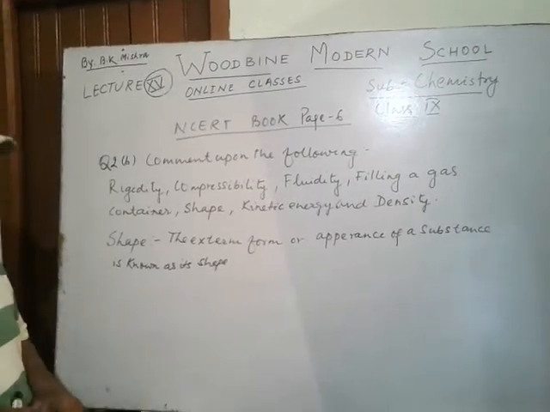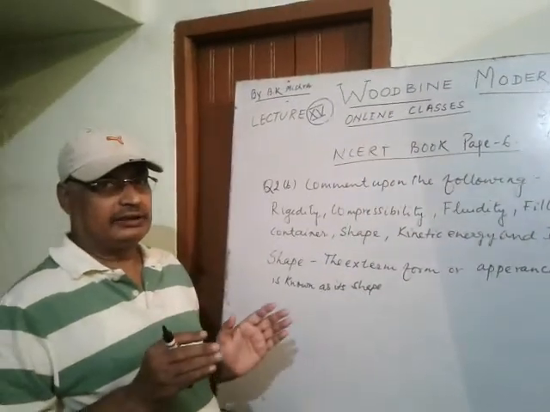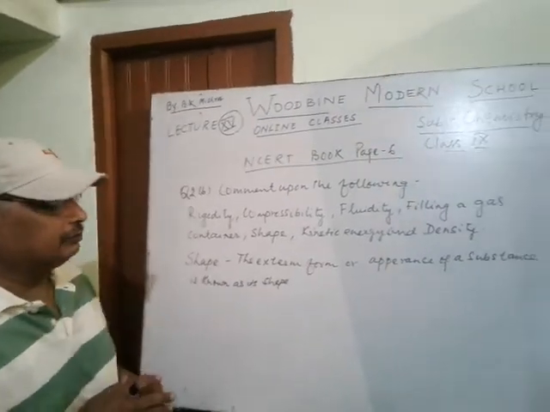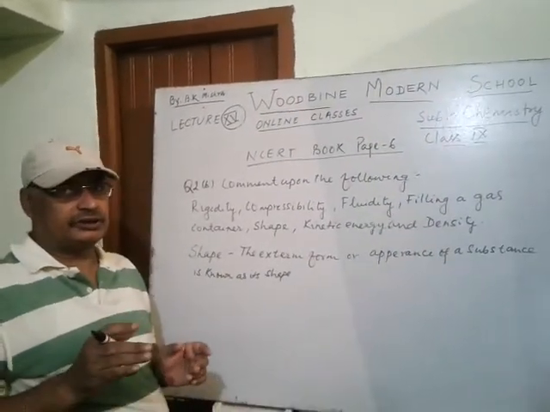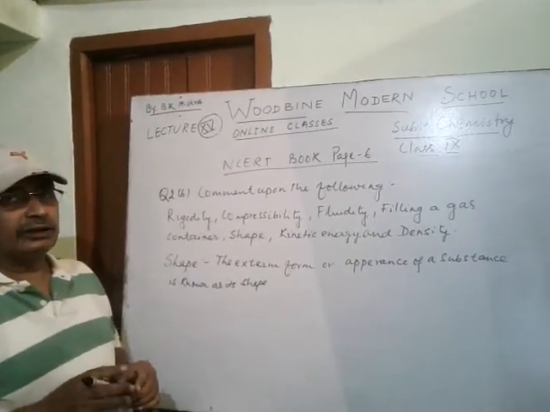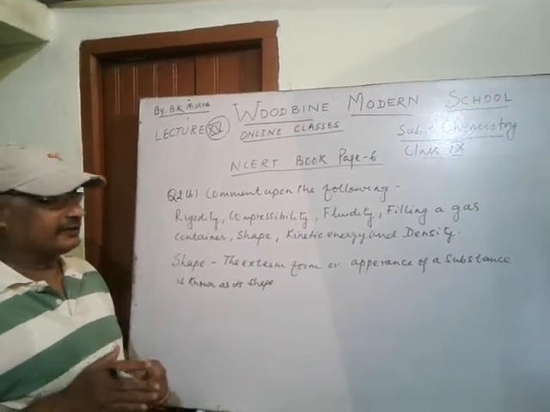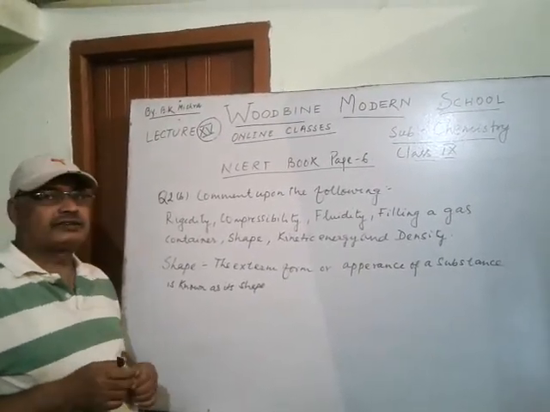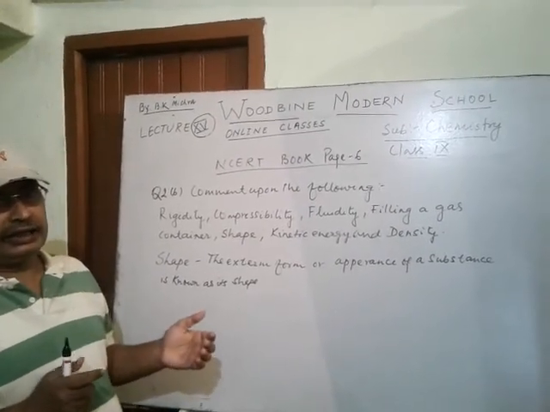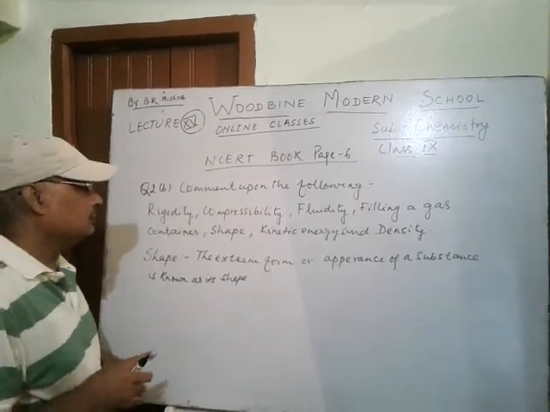In solids it has a definite shape because the particles have a definite, fixed position, and the interparticle forces of attraction are maximum in solids, but that is not the case in liquids and gases. They don't have a fixed shape. Liquids also take the shape of the container, and gases also take the shape of the container.